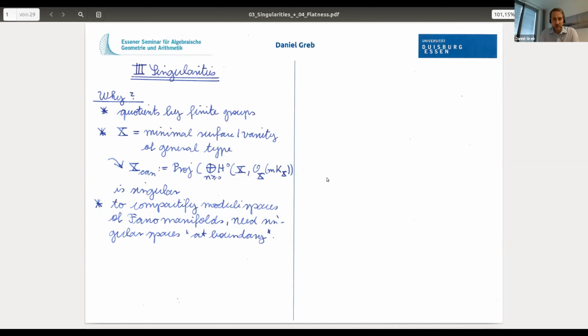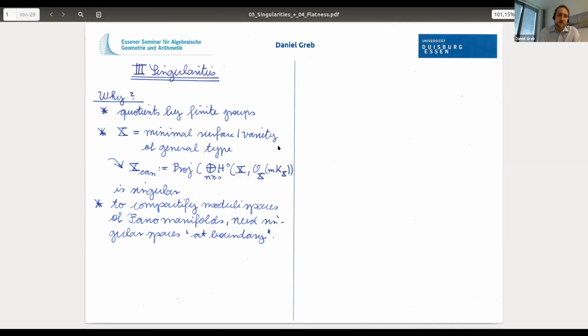You take the Proj, this will be a projective variety, but it will have singularities, and so they naturally appear if you think that the canonical ring can tell you something about the minimal surface of general type. Actually, you can do that in any dimension. If you take a smooth variety of general type, you can look at this canonical ring, it's finitely generated. You look at the Proj, and you get a singular space with the singularities that I will discuss now.